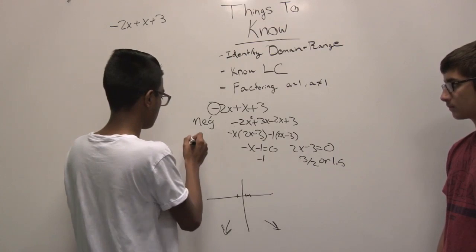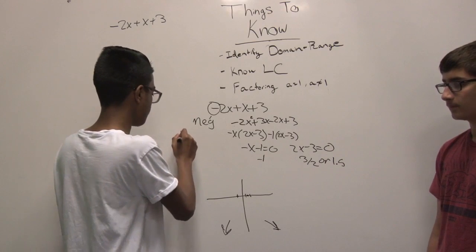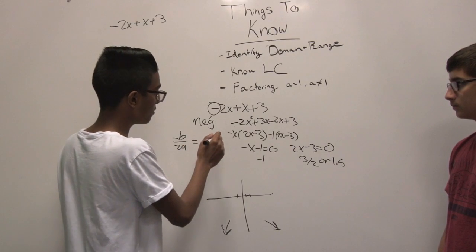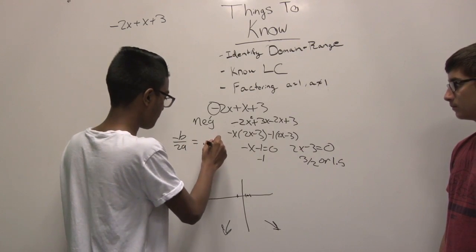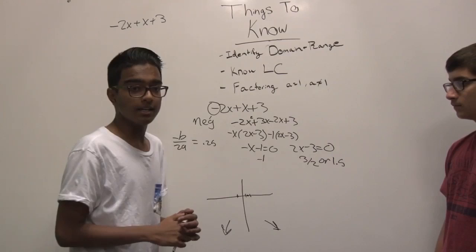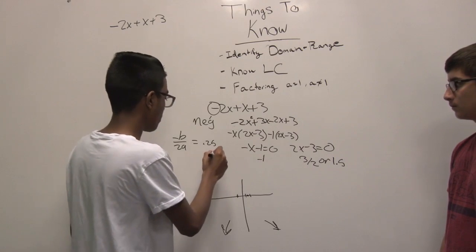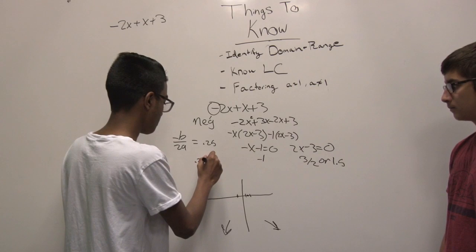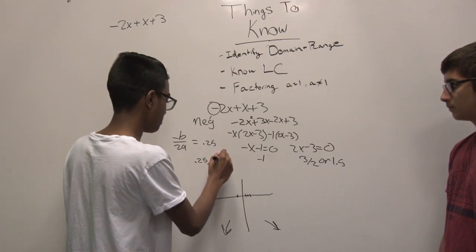And then to get the vertex, use the formula I said before, negative b over 2a, which gets you a value of 0.25. Then you plug the 0.25 into x, and you get 3.125. So we know that the vertex is 0.25, comma 3.125.